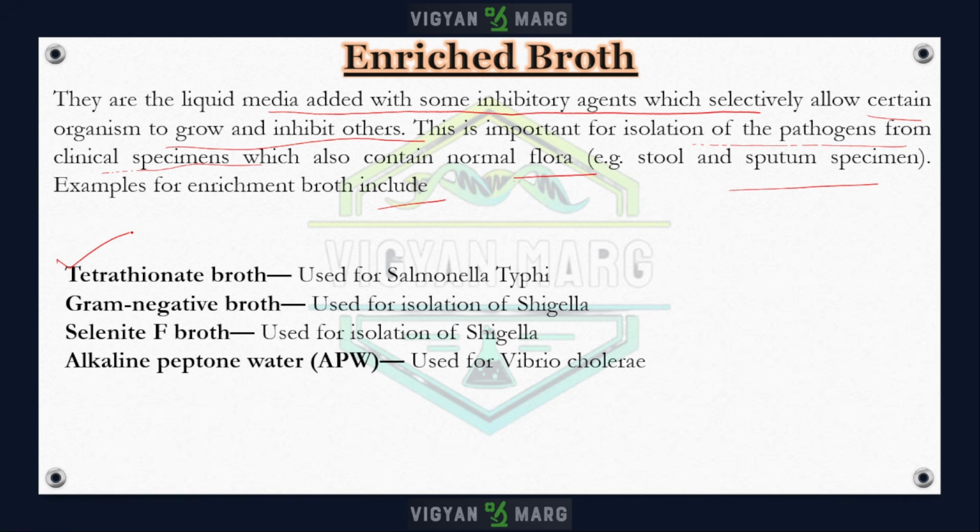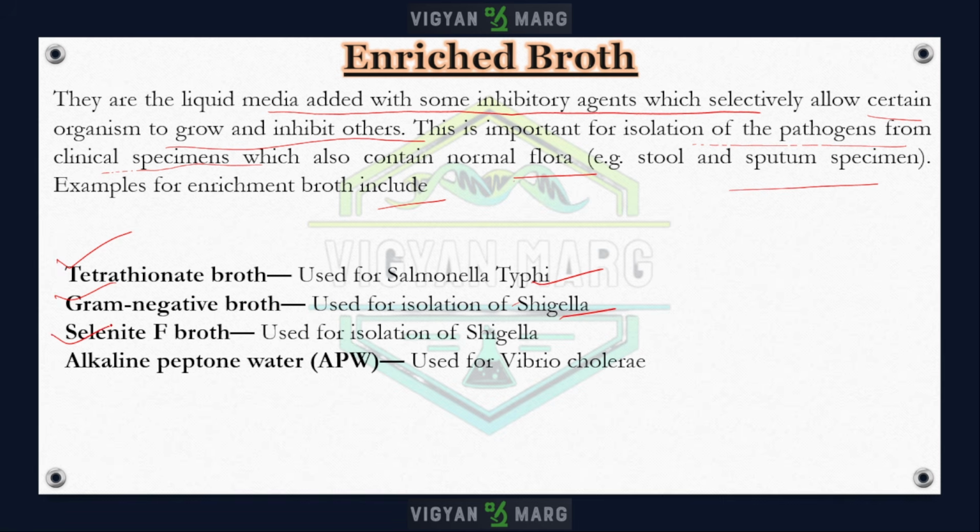tetrathionate broth. Tetrathionate and other components inhibit many competing coliforms while allowing Salmonella typhi to multiply. And another is gram-negative broth, which is formulated to favor gram-negative pathogens such as Shigella over the normal intestinal flora.